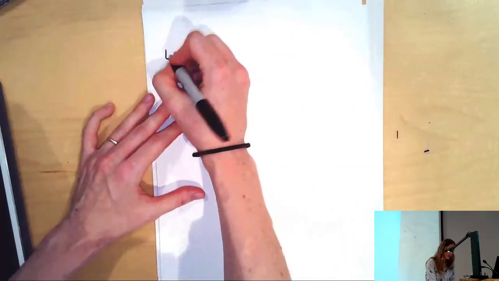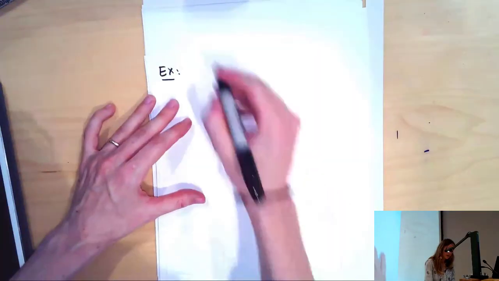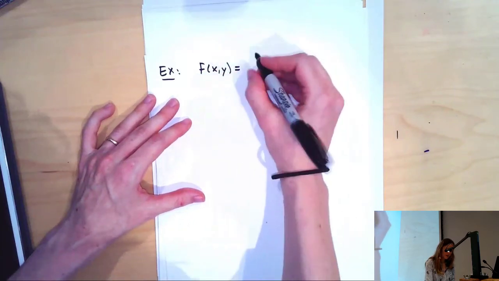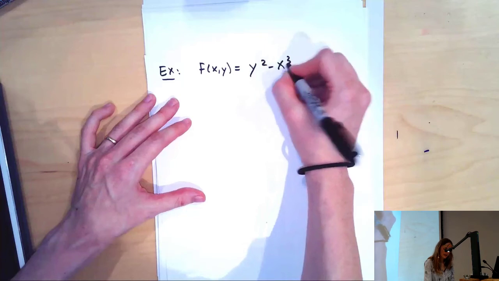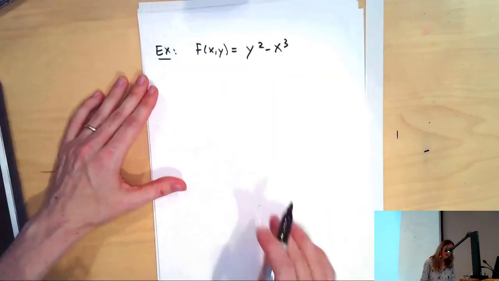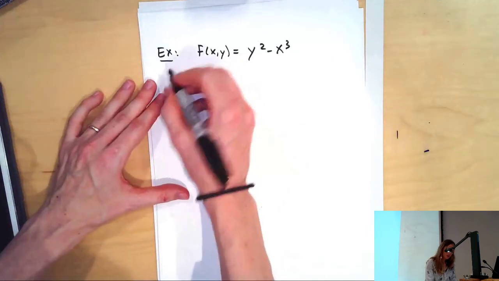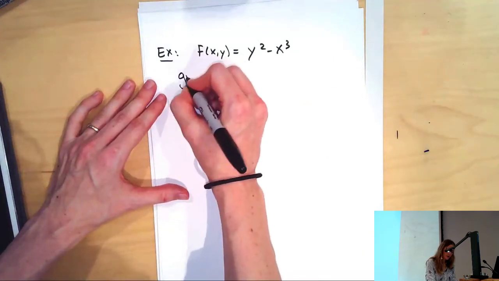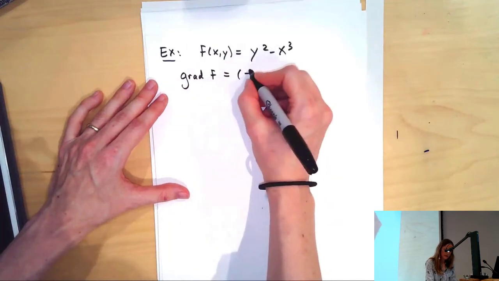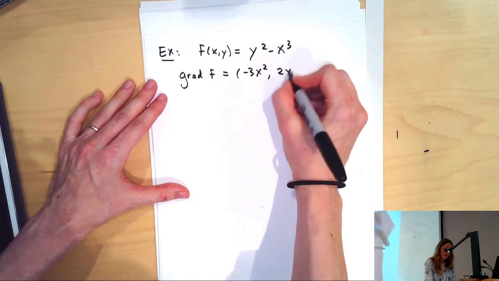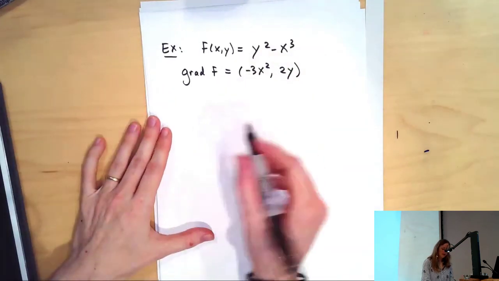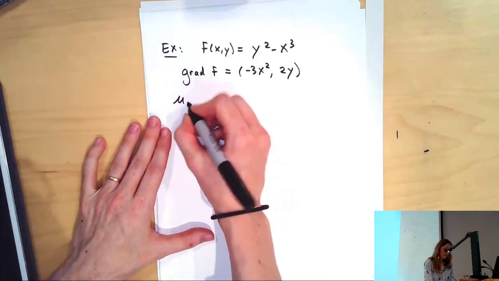Let's do an example. Let's take f of x, y equals y squared minus x cubed. Let's first compute the A1 Milnor number, so we can take the gradient of f, and that is minus 3x squared, 2y, and we can take the Milnor number of 0.